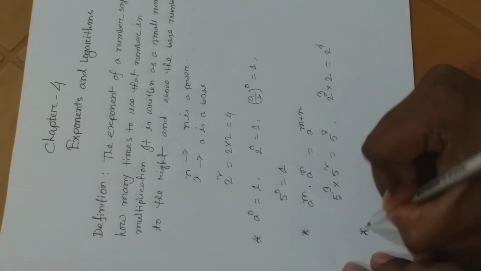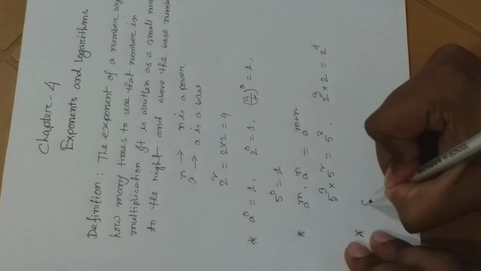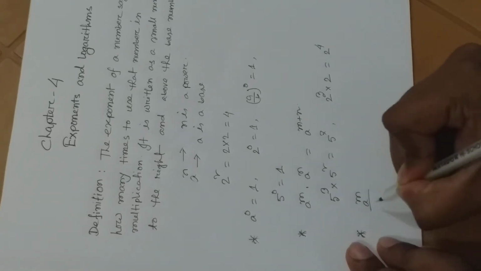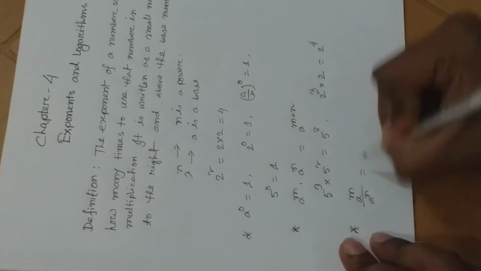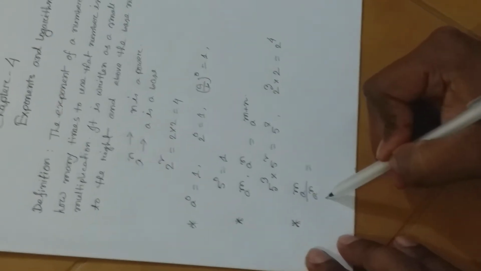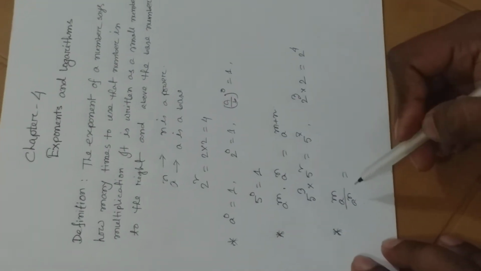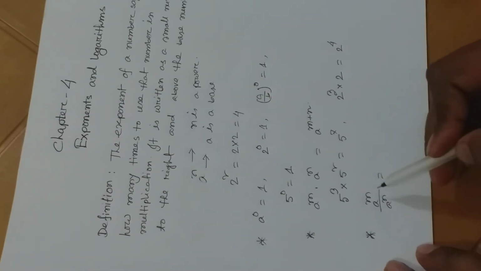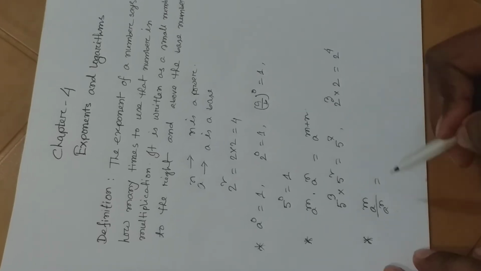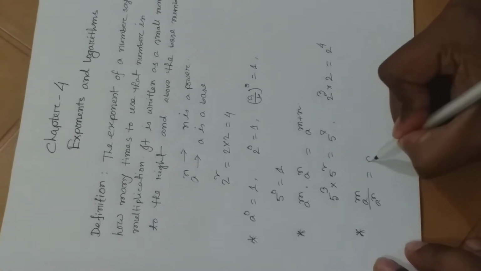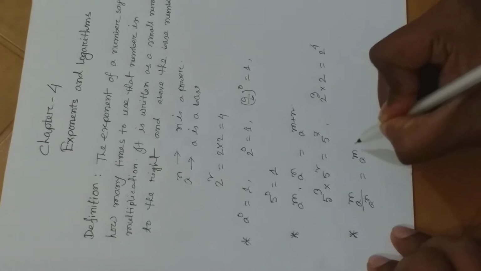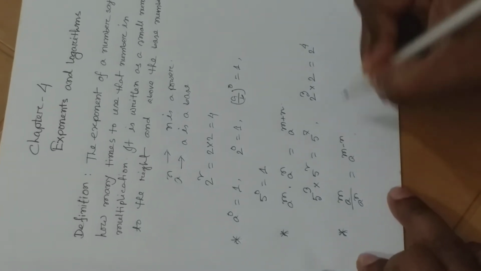Another formula, a to the power m by a to the power n. You can see the bases are the same but the form is division. When you see it is in division form, then the powers will be subtracted, a to the power m minus n.